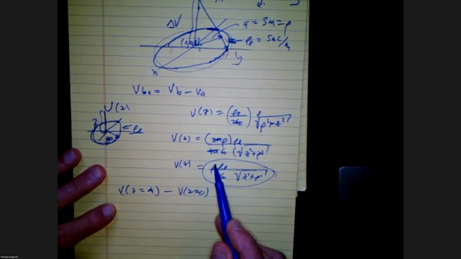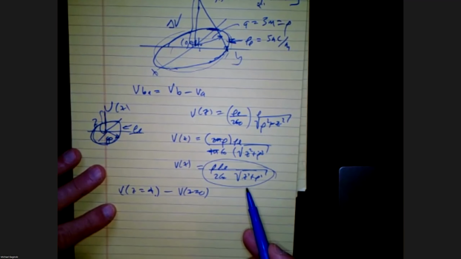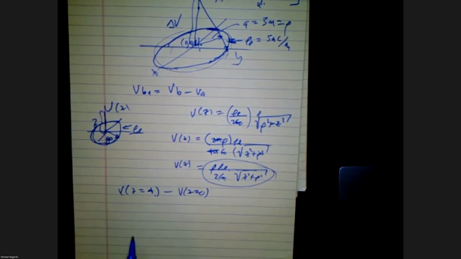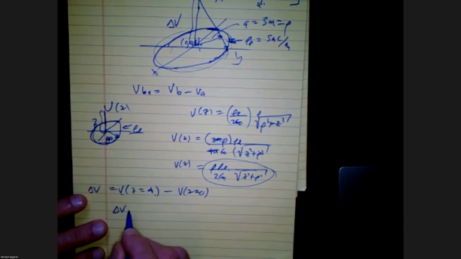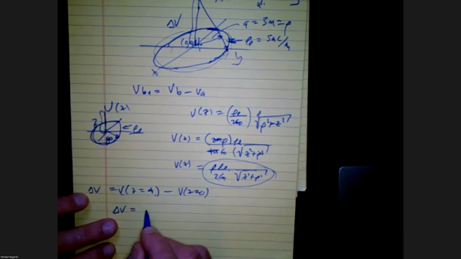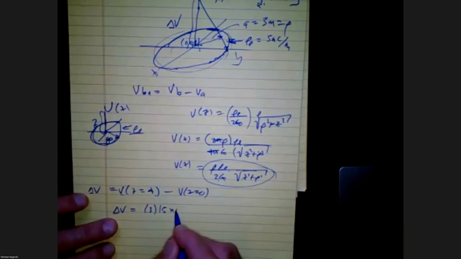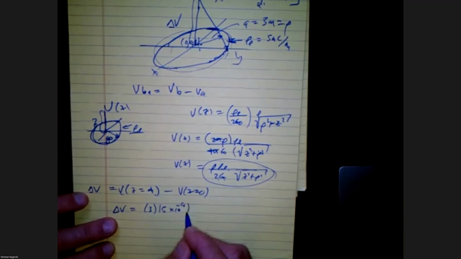So if you look at this, what I can do is take rho L and 2 epsilon naught out the front before I do the subtraction. This would be the delta V. The delta V itself would be rho, the distance, which is 3. The charge density is 5 times 10 to the minus 9th, right?